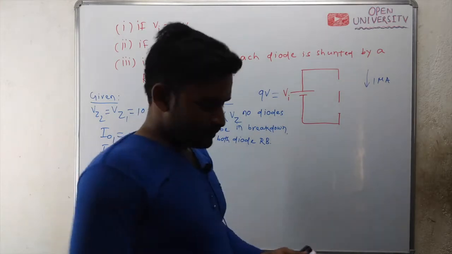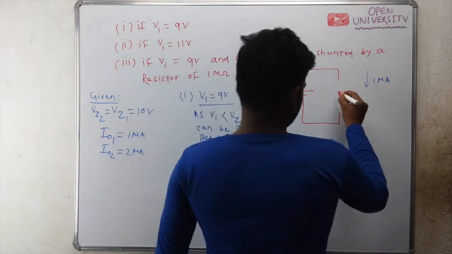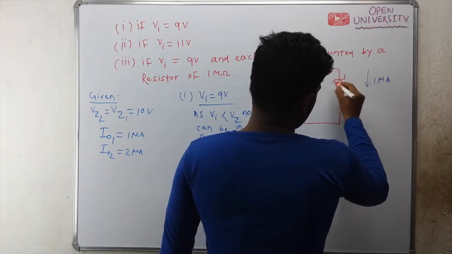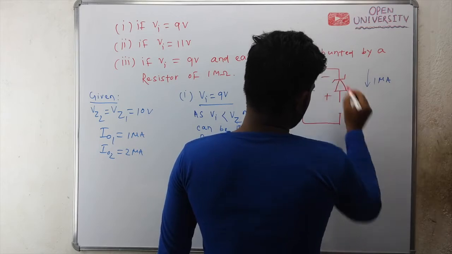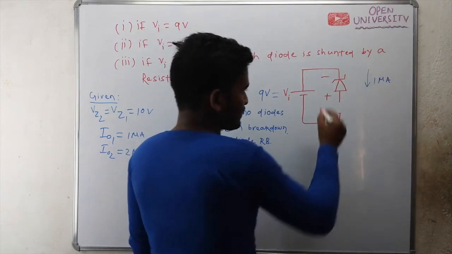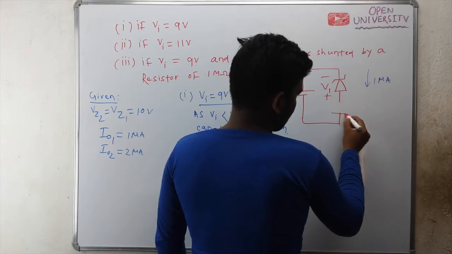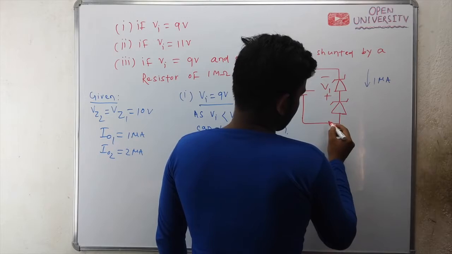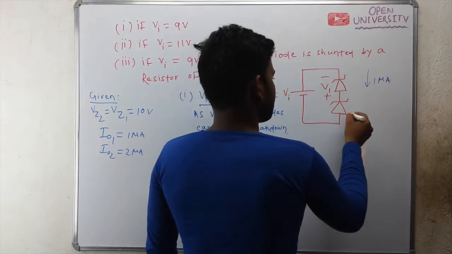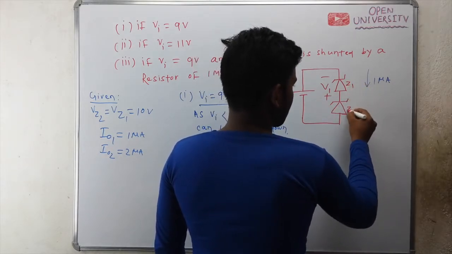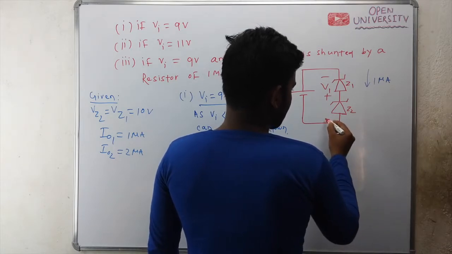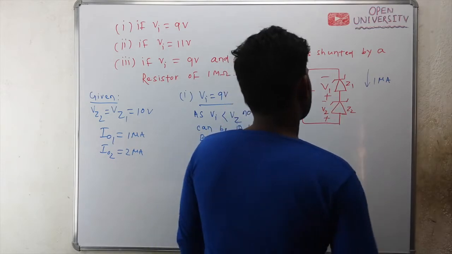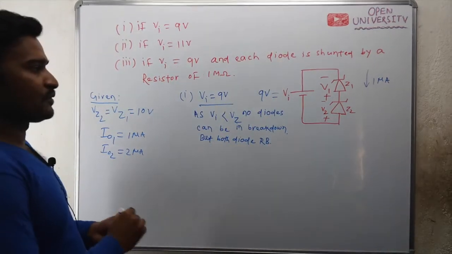Let the voltage across this Z1, I am denoting like this, be V1, and the voltage across this Z2, this is your Z1 and this is your Z2, let the voltage across Z2 be V2.